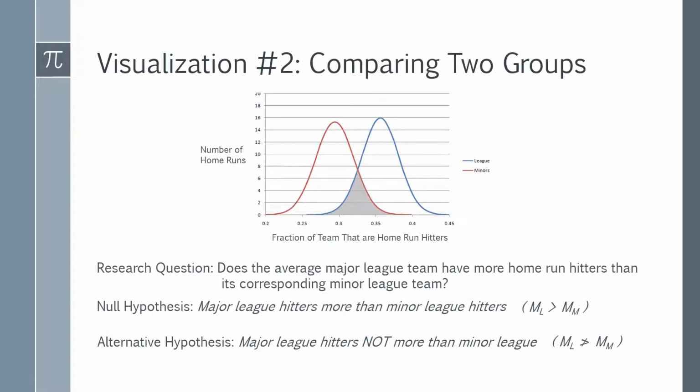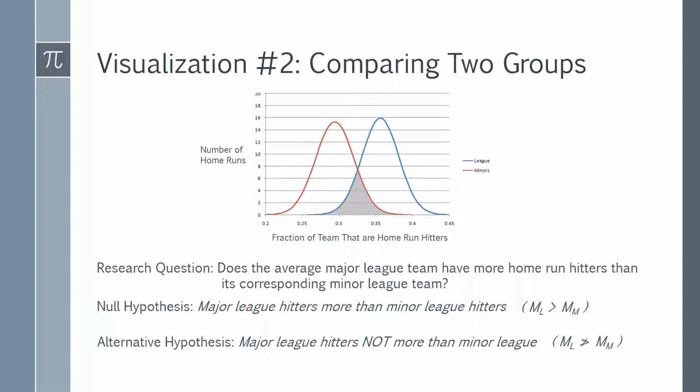For our next example, we'll be comparing two groups. So in this example, we're looking at a curve, or two curves. On the x-axis, we're looking at the fraction of a team that are home run hitters versus the number of home runs.